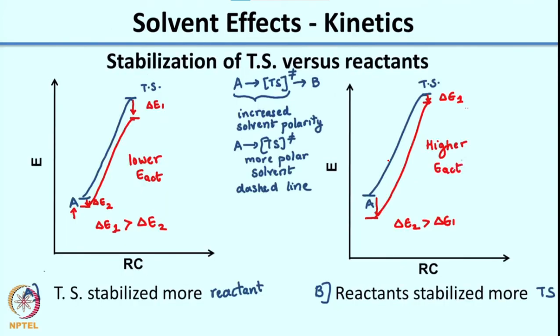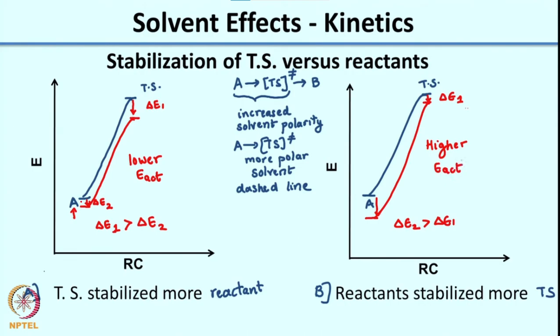Here we will discuss the stabilization of the transition state versus the reactant, the solvent effect. Now suppose we have two types of reactions, and the transition state is stabilized more than the reactant, right? Here the transition state is there and this is the reactant. Suppose we have A as a reactant and TS is our transition state. But when we increase the solvent polarity, what happens here?